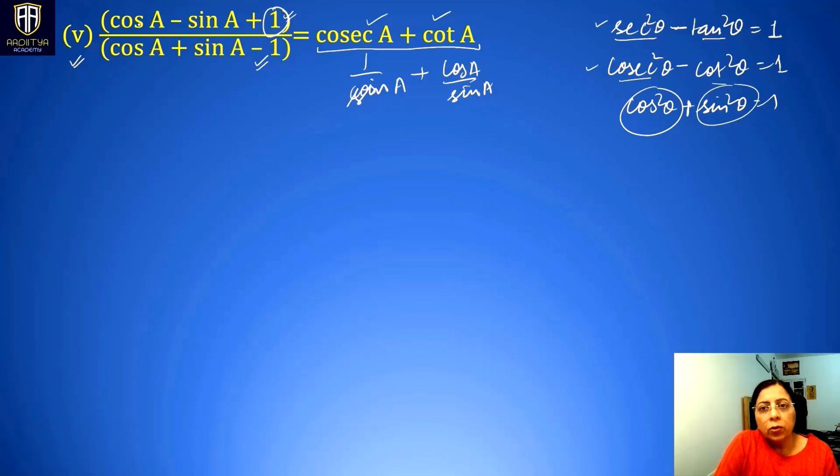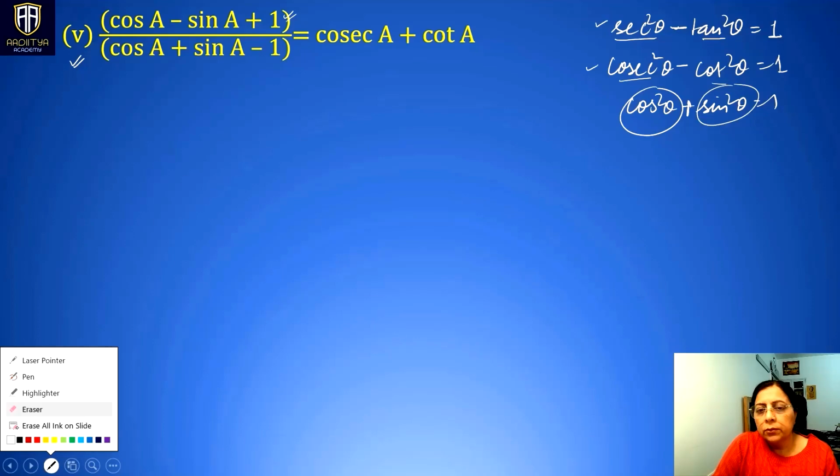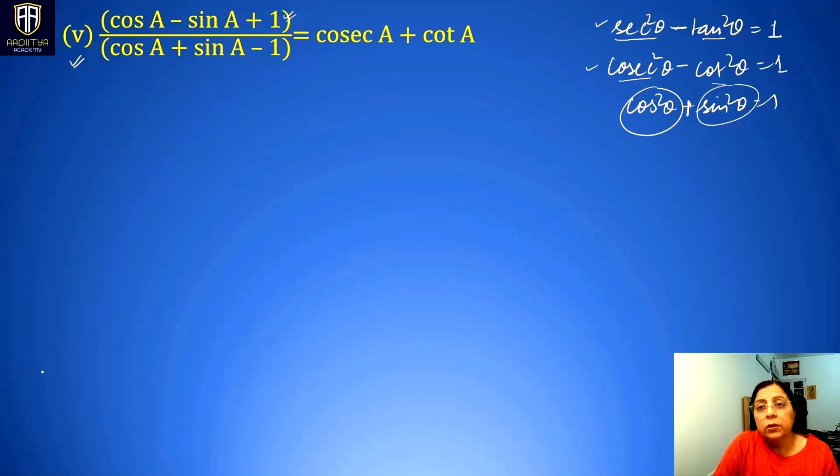And when we have cos and sine in the expression, if you are getting sine A in the denominator, you have to start with dividing numerator and denominator by sine A. Right? I will be explaining this to you. In that case, you will not just keep on writing and memorizing this question without any logic.